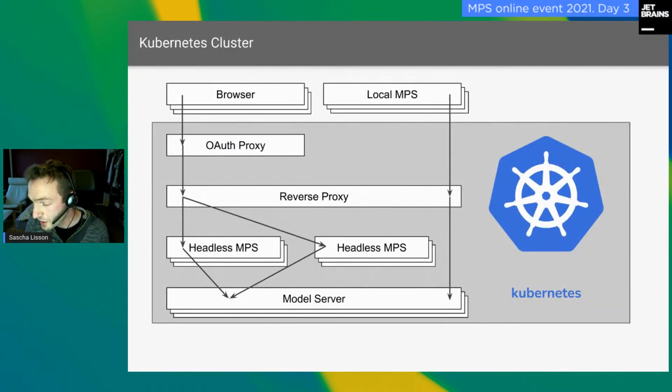Running everything in the cloud often means that you use Kubernetes. You package everything as Docker images, and Kubernetes then takes care of creating instances of these Docker images. It does load balancing.